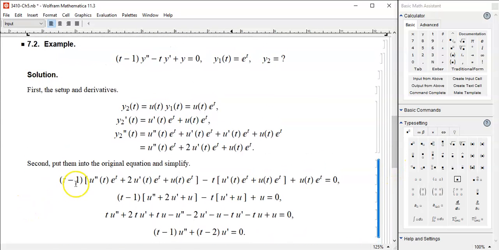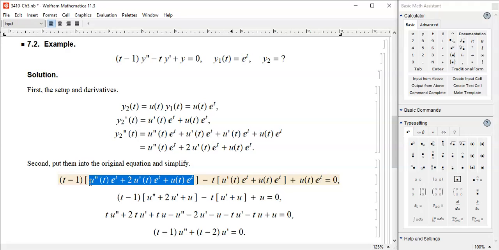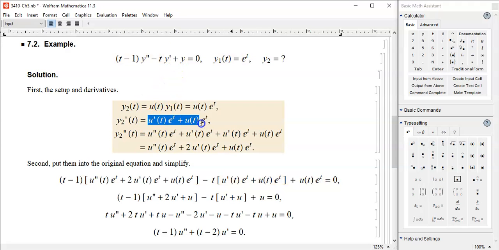Here we go, t minus 1, and we put this one in there. And t y prime, so we put this one in there. And then finally y, that's y2, so we put this one. And then let's work it out.